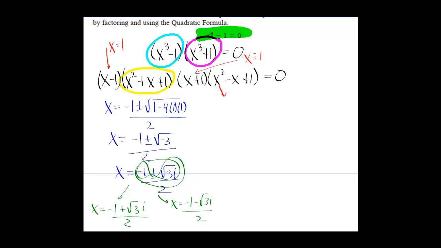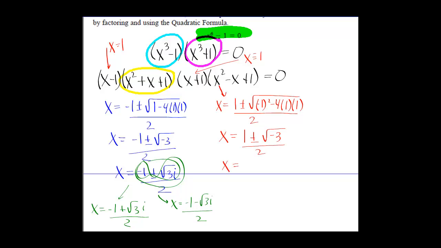Similarly, if we apply the quadratic formula on this last factor, we get x equals the opposite of b plus or minus the square root of b squared minus 4ac all over 2a. We come up with 1 plus or minus, 1 minus 4 is negative 3, all over 2.